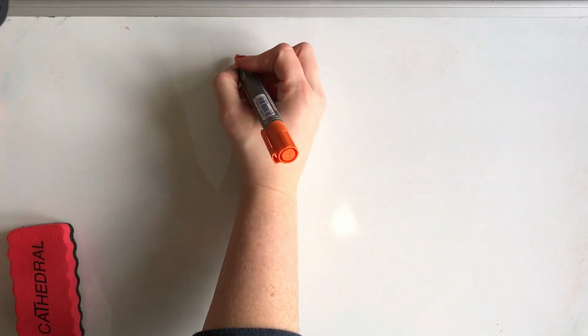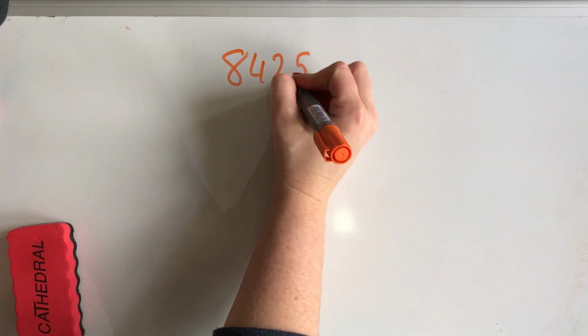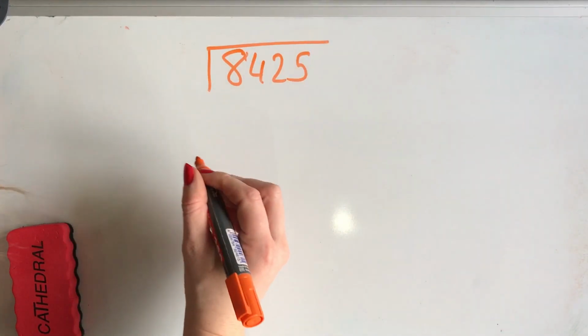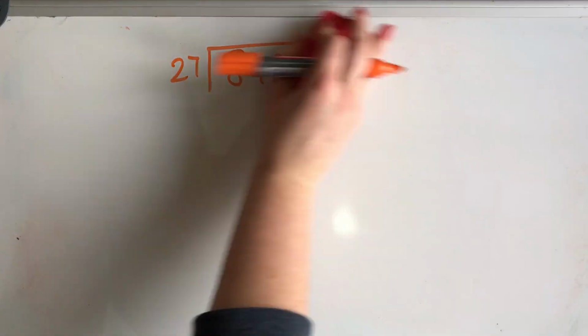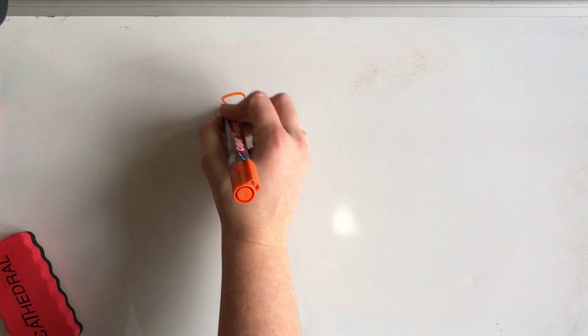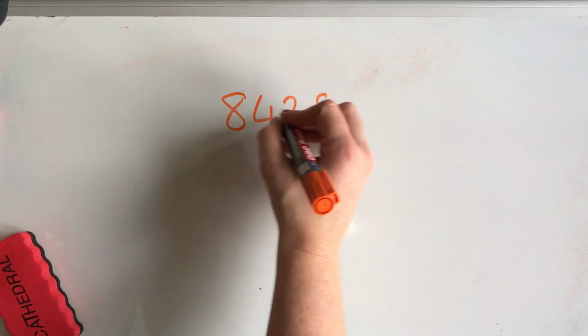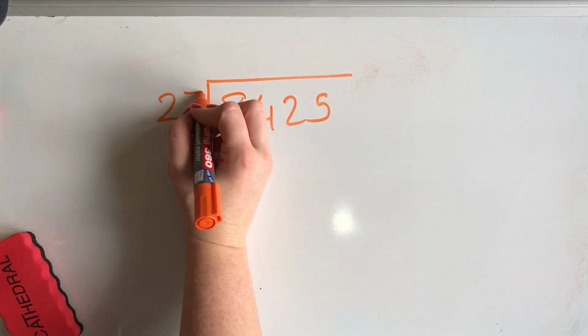And then if we do 8,425 divided by 27, we'll just do that a little bit larger. 8,425 divided by 27.